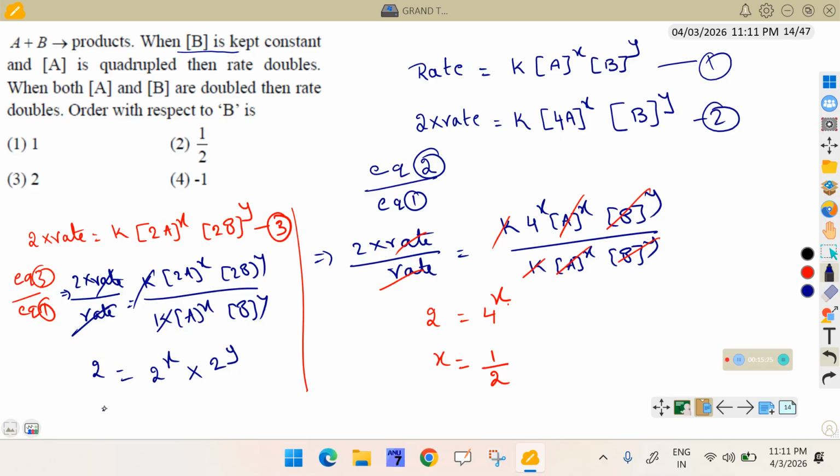So substitute: 2 is equal to 2 power 1 by 2 into 2 power Y. This 2 is also written as 2 power 1. So 1 is equal to 1 by 2 plus Y. Then Y is equal to 1 by 2. With respect to B, the order of the reaction is 1 by 2.